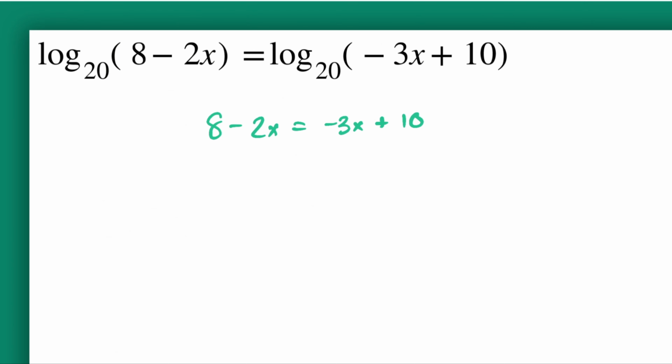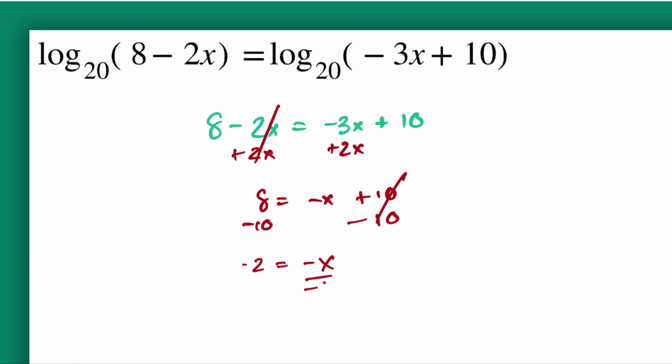And now we can just solve this for x, right? So I'm going to add the 2x. You could have gone the other way. This cancels. You get 8 is equal to negative x plus 10. You minus the 10. I probably should have gone the other way. That's okay though. We get negative 2 is equal to negative x. We divide by the negative 1. And we get x is equal to 2. Okay.